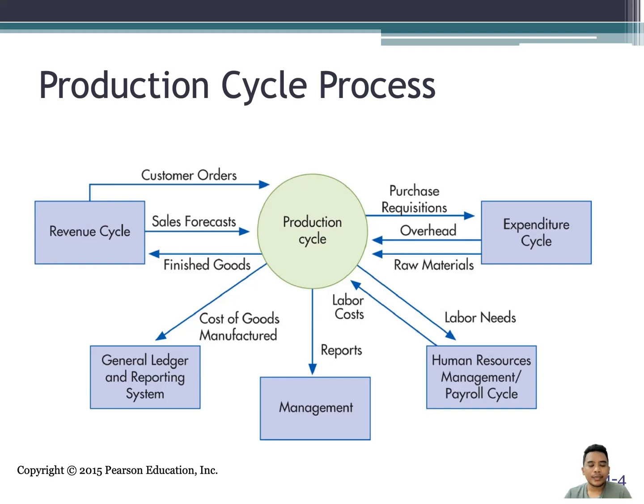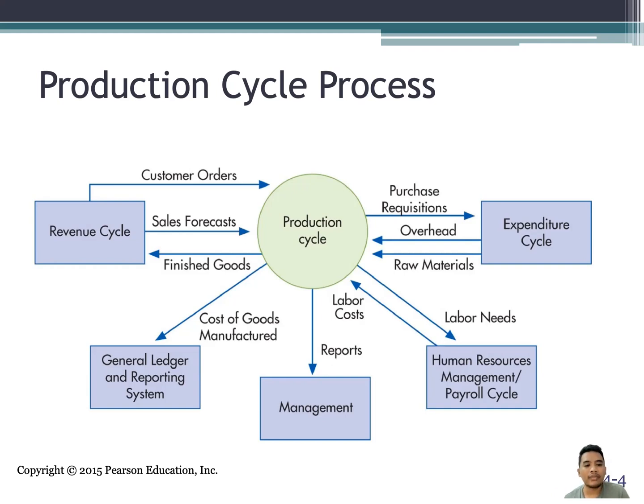Then, the purpose of our expenditure cycle is actually more of the procurement. That includes procurement of goods, raw materials, supplies, or labor or overhead. Overhead may be outside services that we need under our production cycle, apart from what the human resource is supplying.